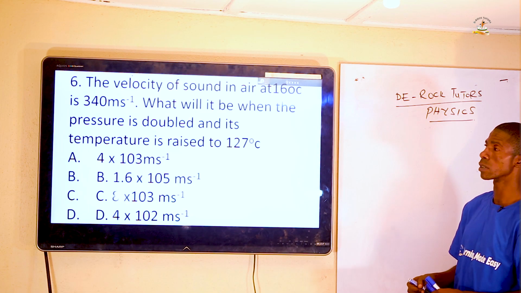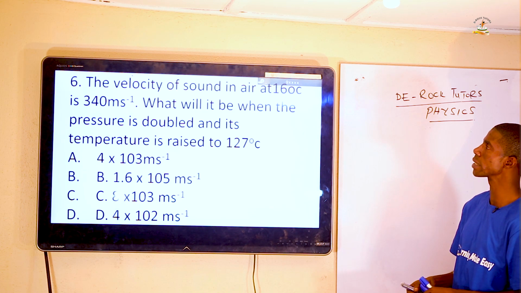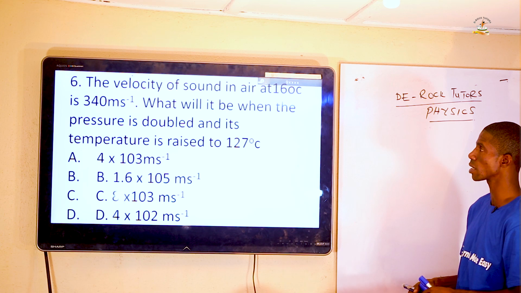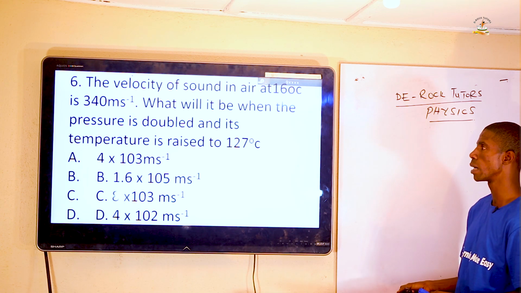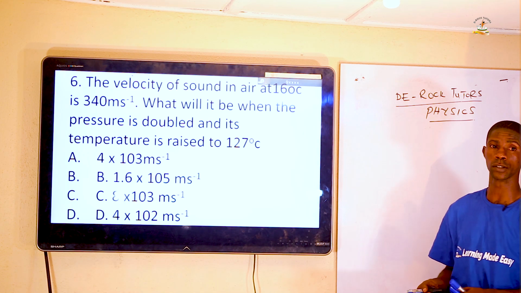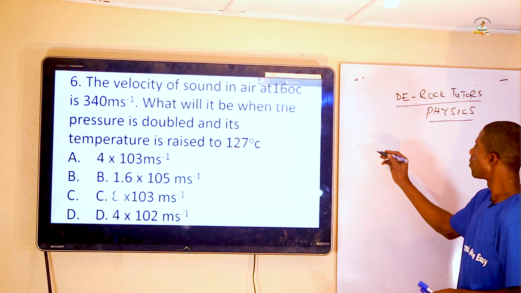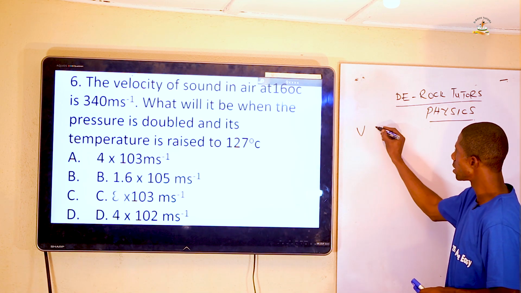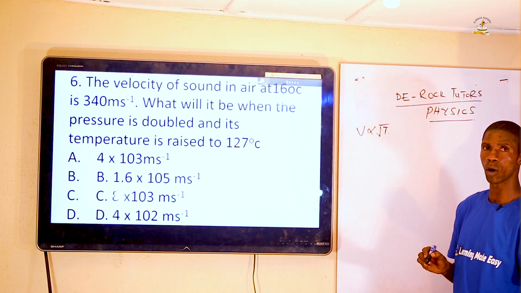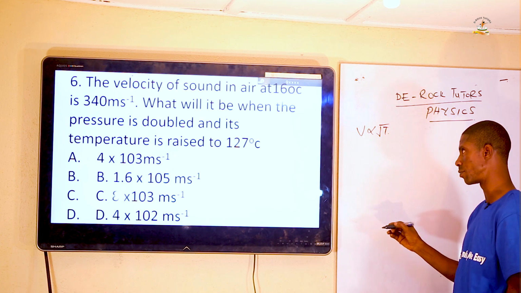Now with the question: the velocity of sound in air at 16 degrees Celsius is 340 meters per second. What will it be when the pressure is doubled and the temperature is raised to 127 degrees Celsius? Velocity of sound actually is proportional to the square root of its temperature in Kelvin.